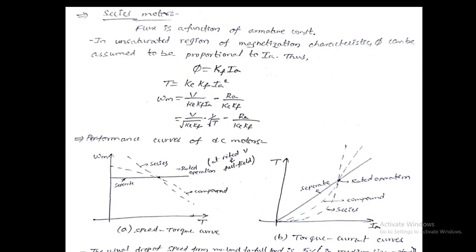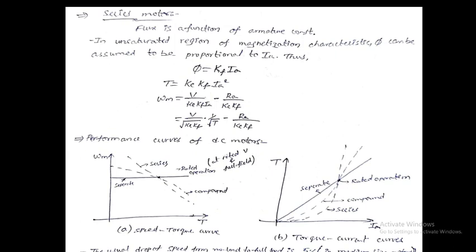Then for the compound motor, the characteristics are shown with the dotted line. These characteristics have been drawn by keeping the rated voltage and full field.